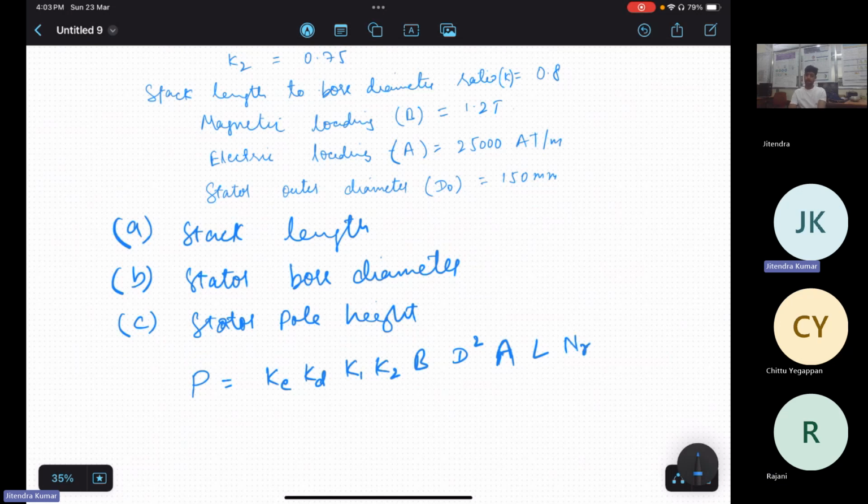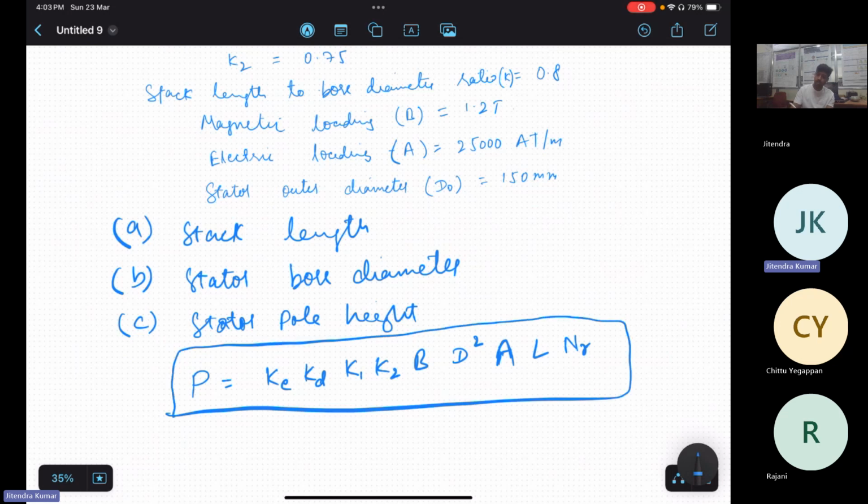So this is the equation. It is similar to the other equations we have been using, just that some constants like KE, KD, K1, K2 have been added. Other than that, this is electric loading, magnetic loading, volume D square L, and rotor speed. Because of geometry constraints and other changes in geometry and operation, these factors have been added here.